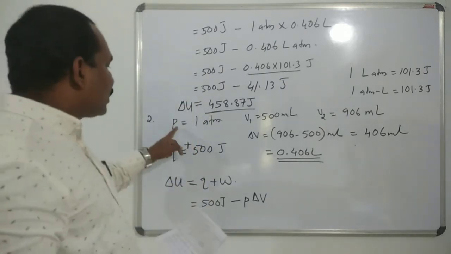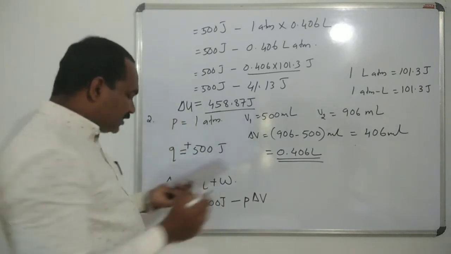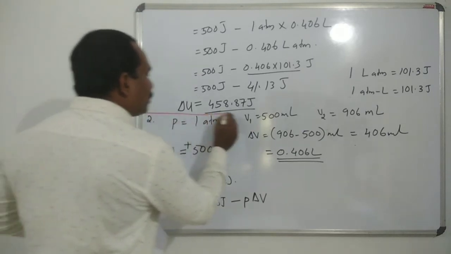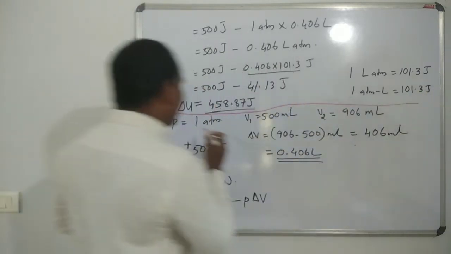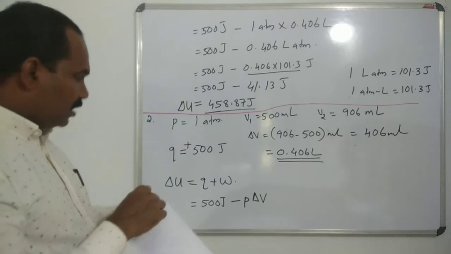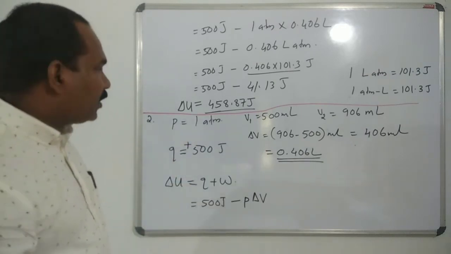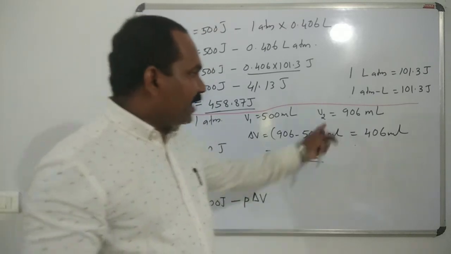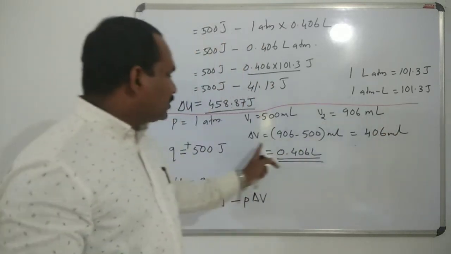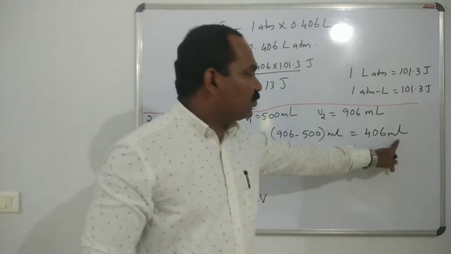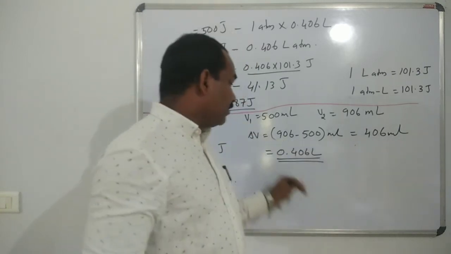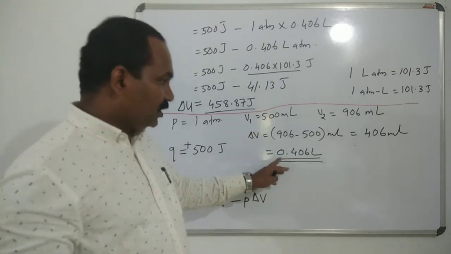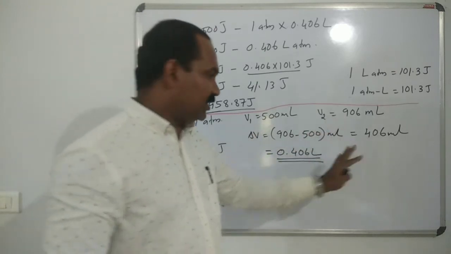Once again, the given data is pressure 1 atm, volume 500 milliliter changes into 906 milliliter. What is the change? It is 406 milliliter. Milliliter is converted into liters by dividing by 1000. So 0.406 liter.